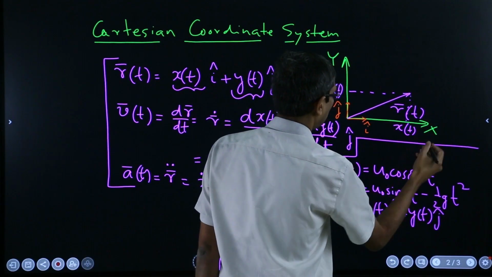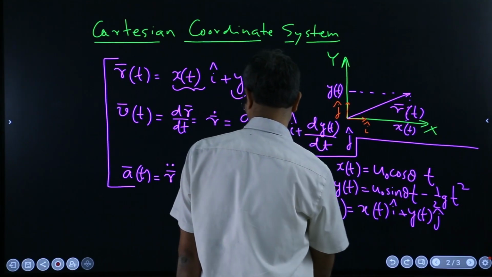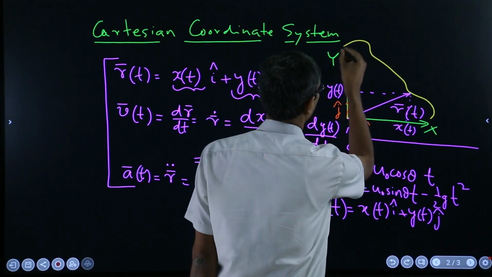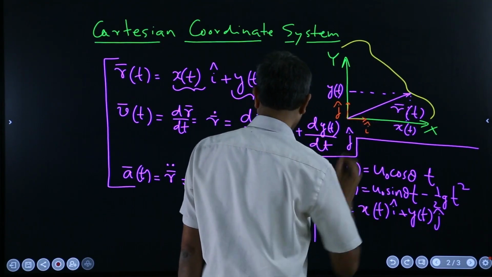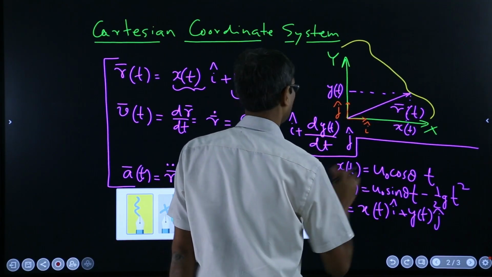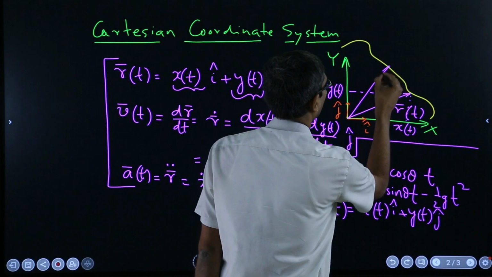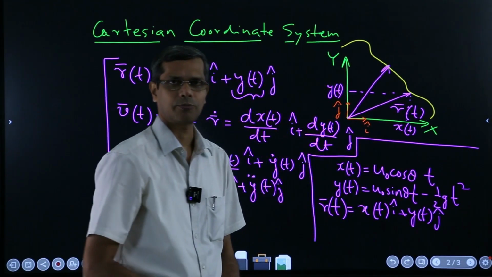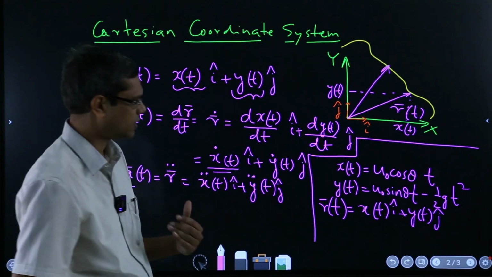In this, suppose the particle was again moving in some arbitrary path. Now, wherever the path was or wherever the particle was at a different instant, the i and j were never changing, they were static, they were fixed.